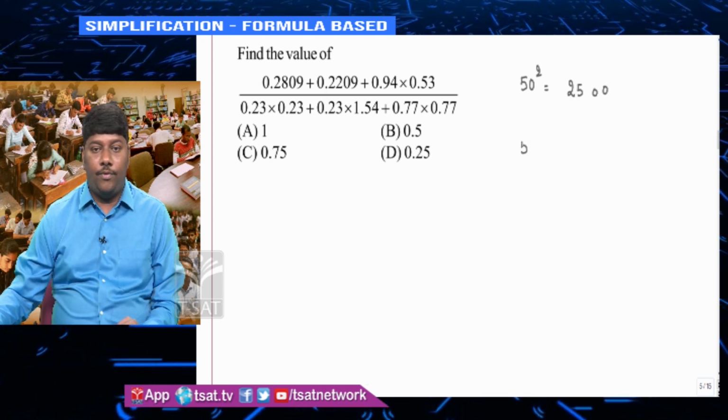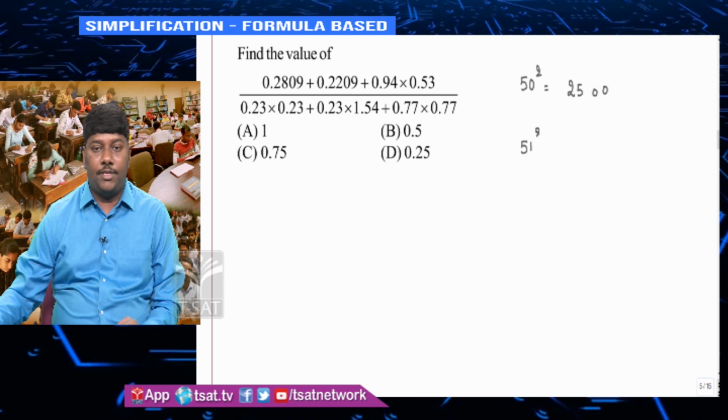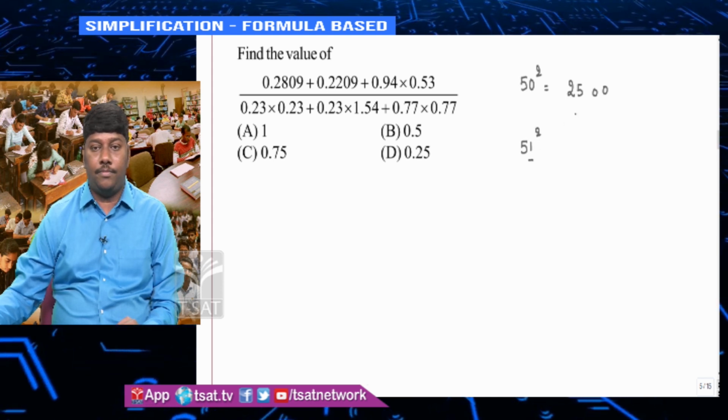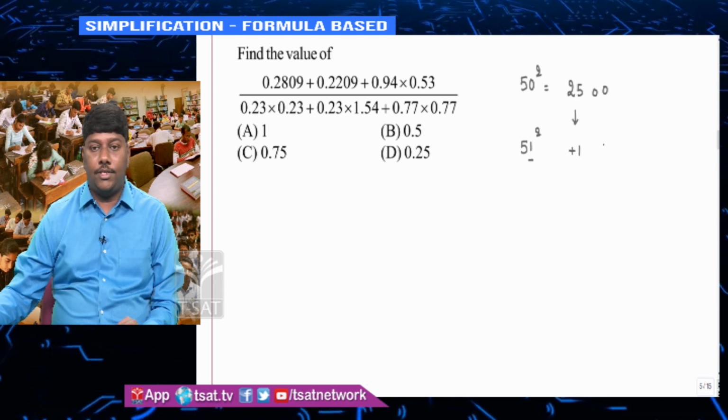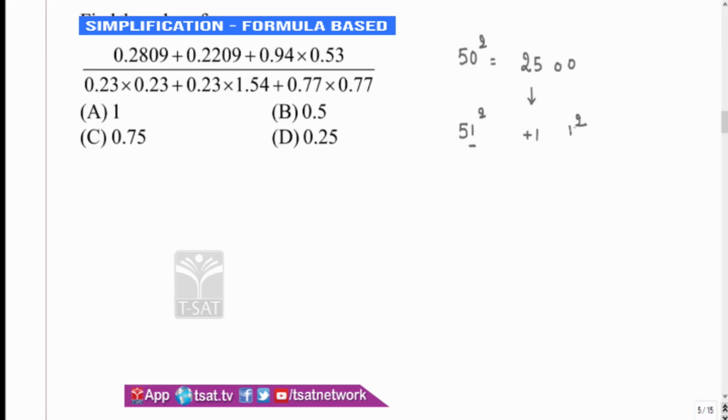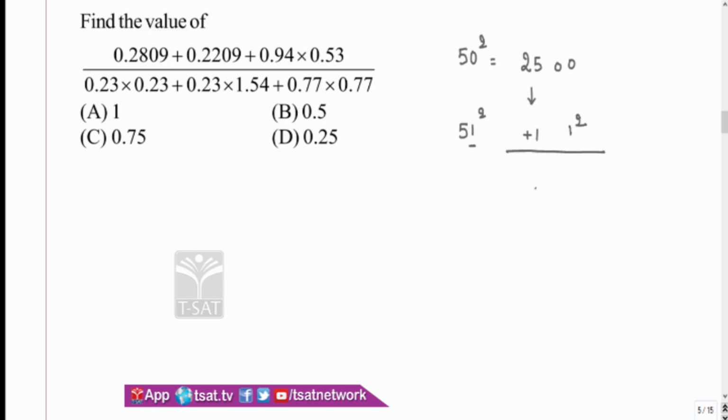When I ask you 51 square, you simply add this 1 to 25 and 1 square to the 00. Therefore, it becomes 2601.